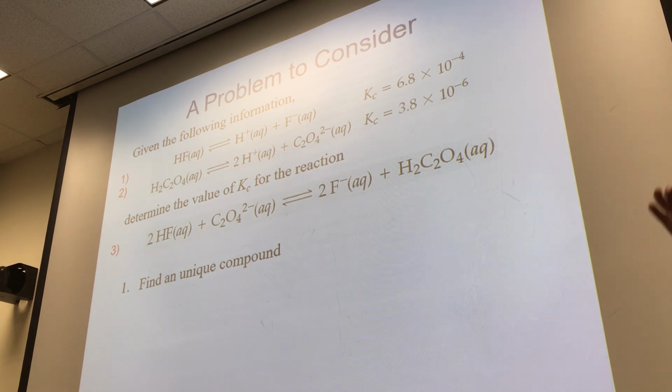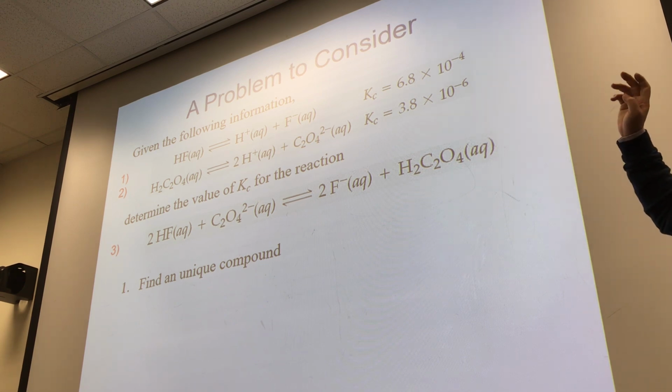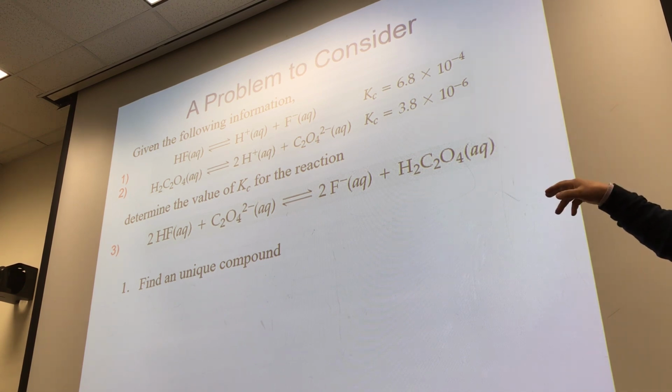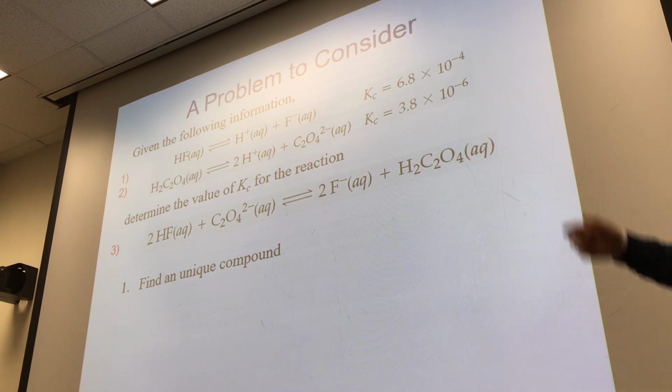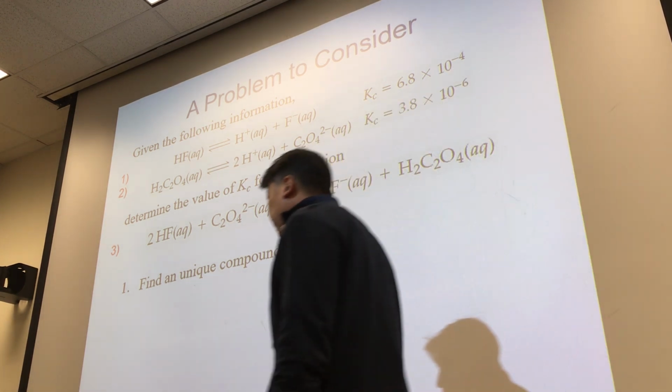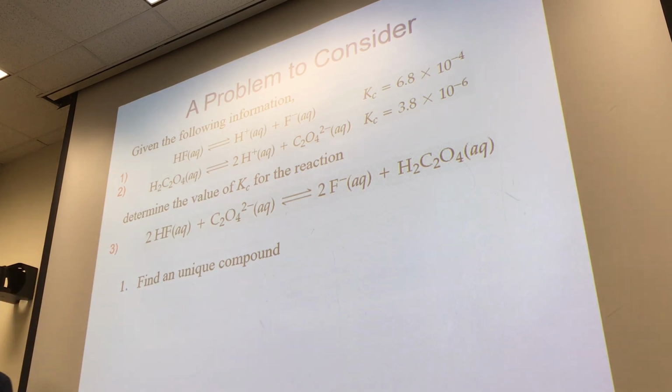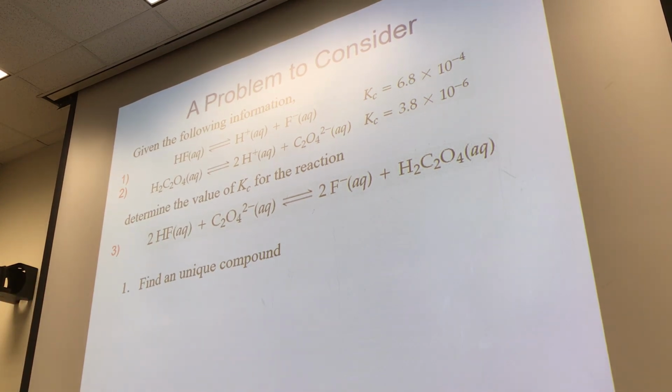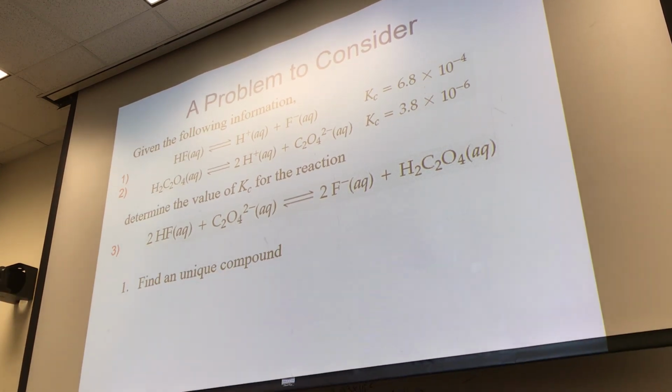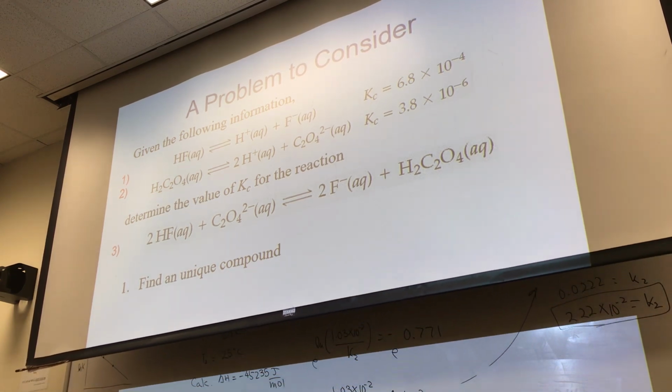Once again, can you find a unique substance that appears in equation 1 and equation 3, but not in equation 2? Do you see anything? Which one? F negative, they were saying.